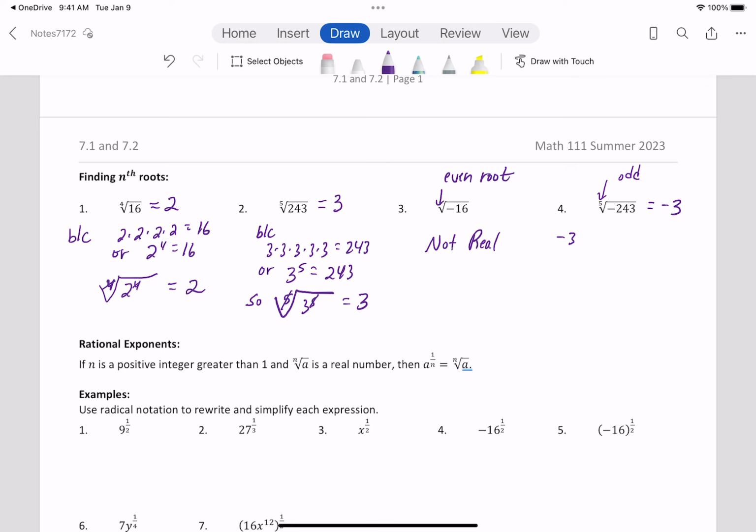And same reason, that's because negative 3 times itself 5 times is negative 243. Same thing as negative 3 to the 5th is equal to negative 243. So the fifth root of negative 3 to the 5th, we can cancel the index and exponent being the same, and it leaves me with negative 3.